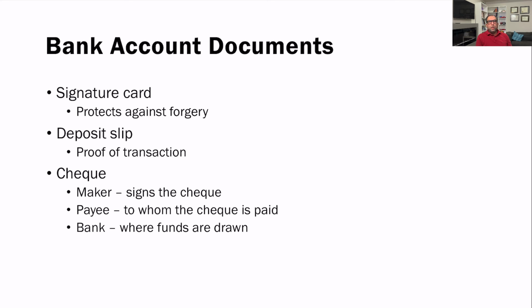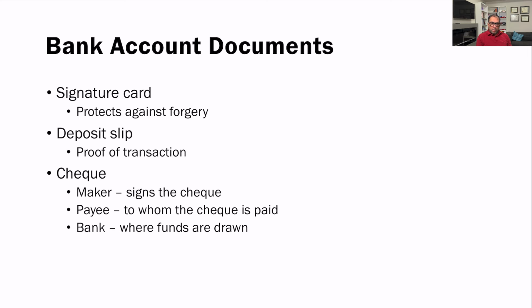We use the word reconcile when there is a difference between two friends, or between wife and husband, and we try to reconcile their differences. It is the same here in accounting: if there is a difference between two accounts, we find out why and how we can resolve that difference.